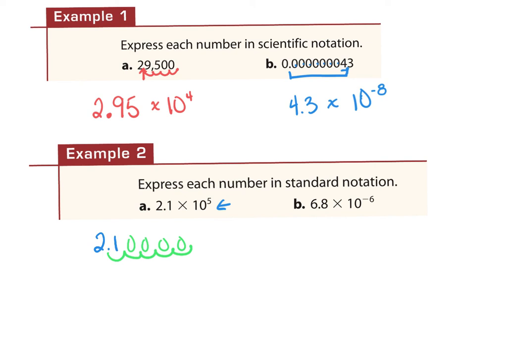All right, and then you're going to need to take your decimal away when you are doing scientific notation, unless you have so many numbers that you still have a decimal. So I'm going to say, here's my number. I need a comma there. 210,000. All right, look at the next guy, 6.8. That's what I'm going to start with. This is negative 6. Should my answer be really small or really big? Really small.